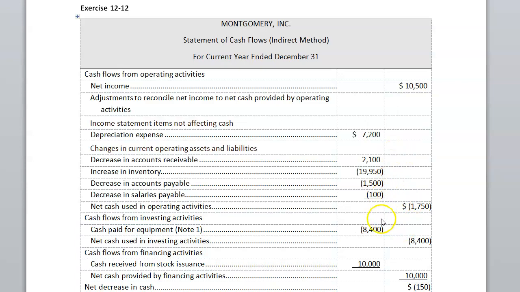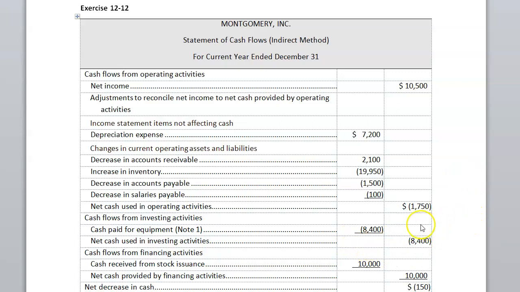And then we're going to determine the net effect of all of this. So it's going to be a net cash used of $1,750 just by adding and subtracting these different numbers. So you can see all these numbers are coming from the balance sheet that we looked at a few minutes ago.